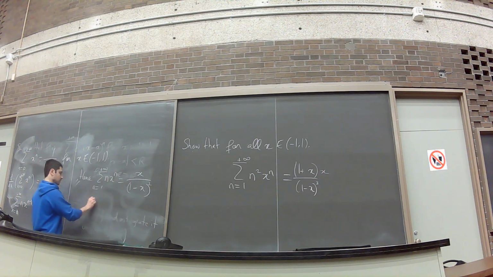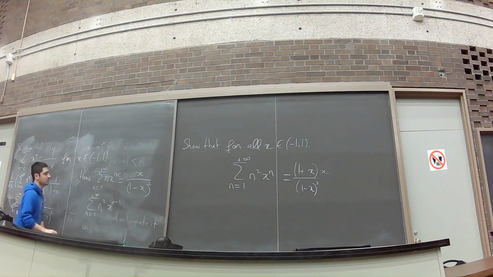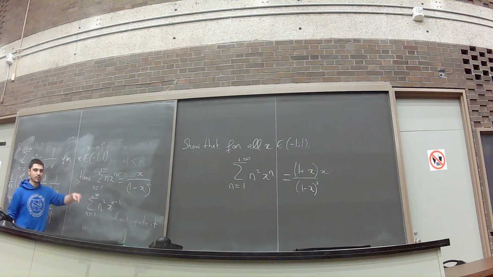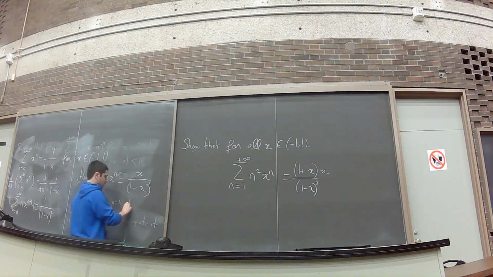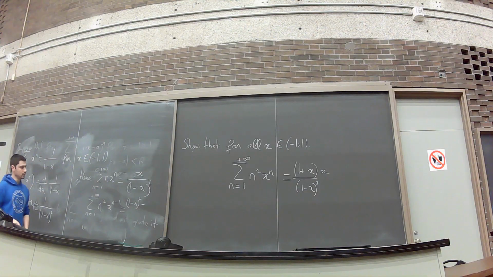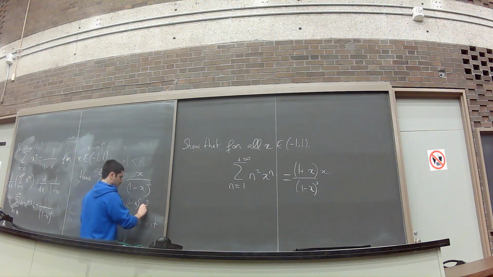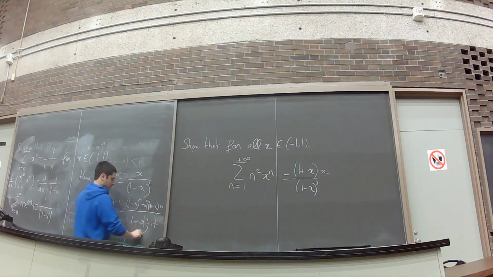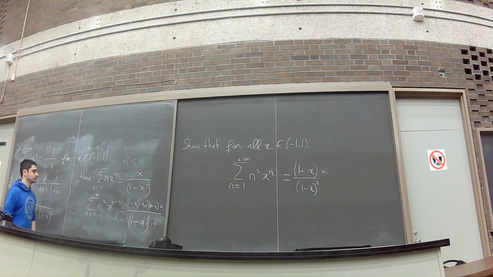Differentiation, right? So this is the sum n equal 1 to infinity of n squared x to the n minus 1. Differentiate this one. What do you get? u prime v, u prime is 1, v is here, minus v prime u, right? Well, plus 2 times 1 minus x over u squared.